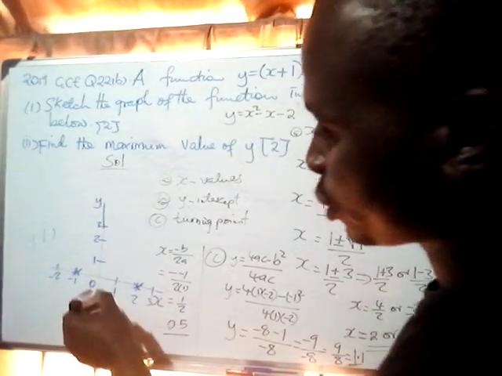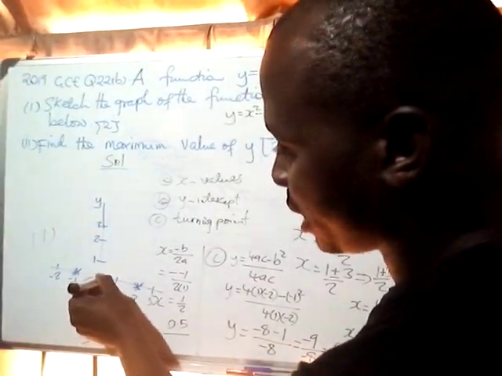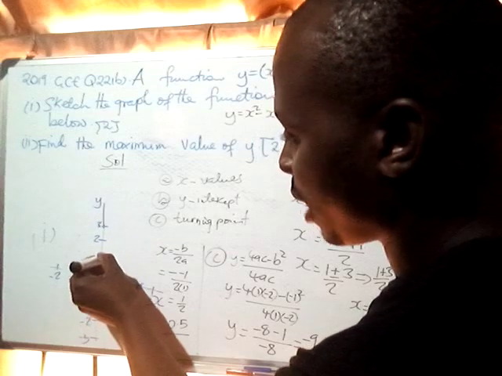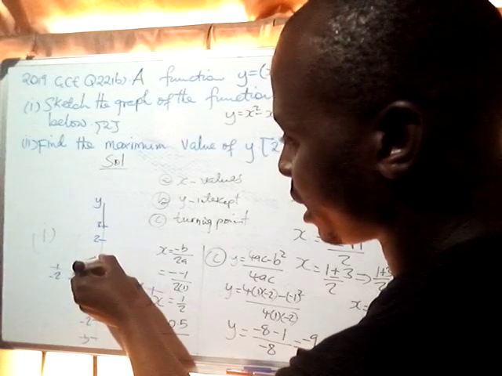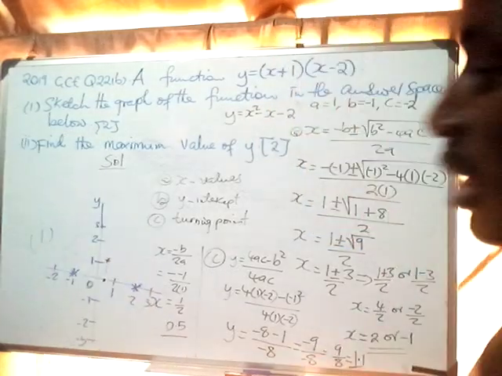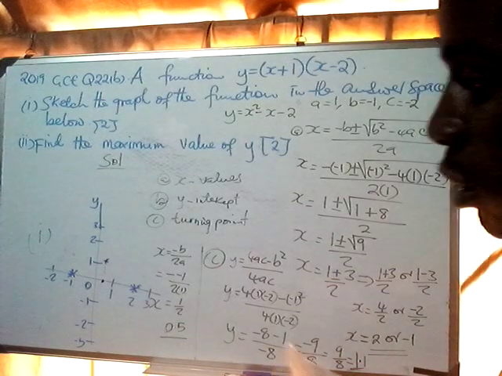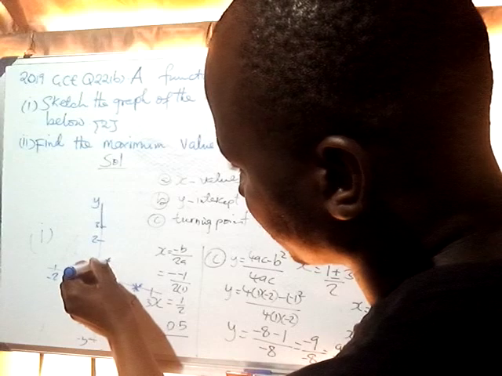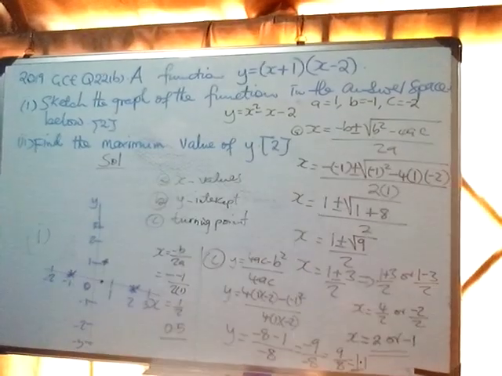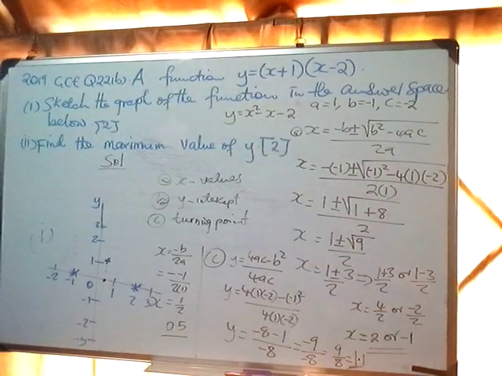So we now have 0.5, 1.1. So 0.5 is somewhere here, and 1.1 can be somewhere there. So this is the turning point. That is the turning point. So our graph will still pass there. Now the other question is, what is the y-intercept?